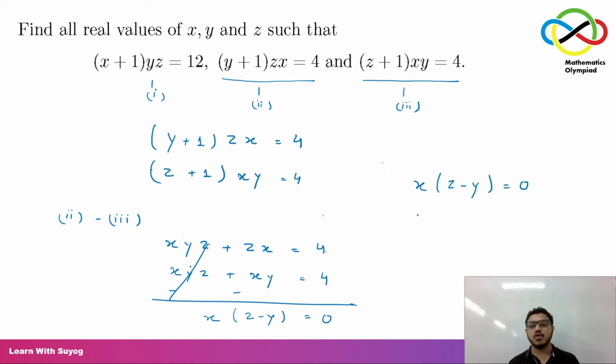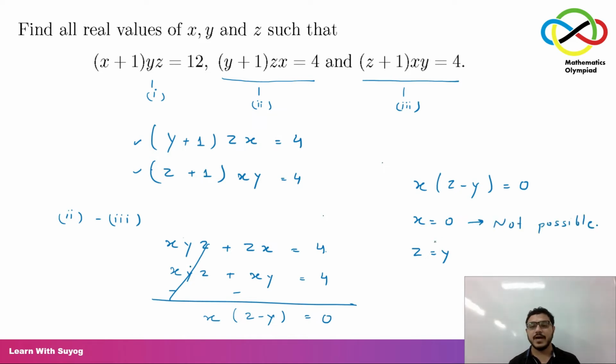If this is 0, then we have only two conditions: either x is equal to 0 or z is equal to y. But if we consider x equal to 0, these two quantities cannot be equal to 4, so this is simply not possible.